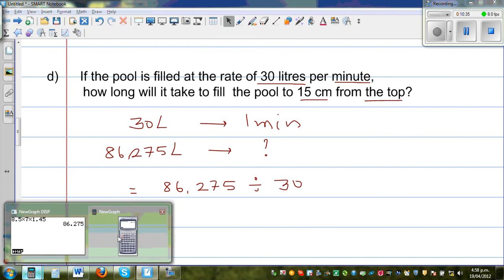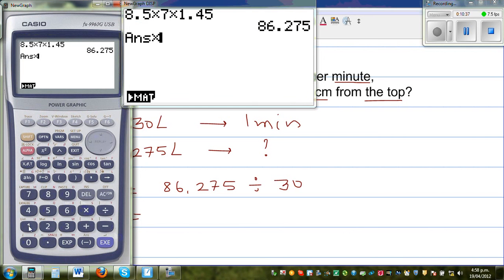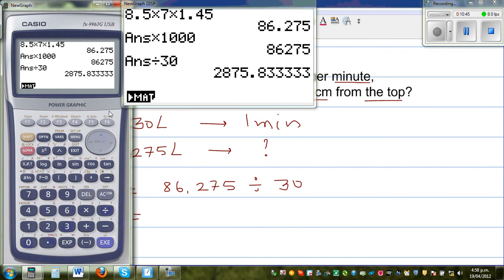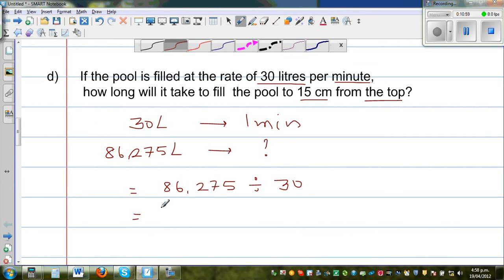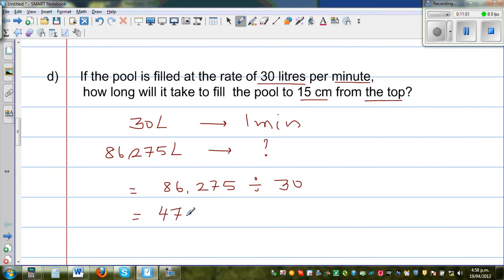So this is timesing it by 1000 will give me 86,275 and divide by 30. The answer would be in minutes. So this is in minutes, and I want to change this into hours. So divide by 60, which is 47.93 hours.